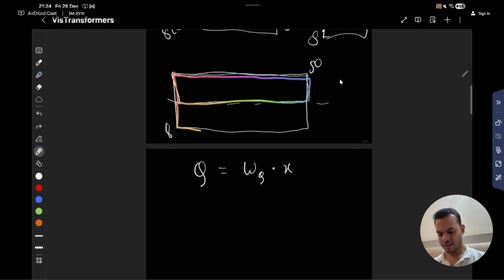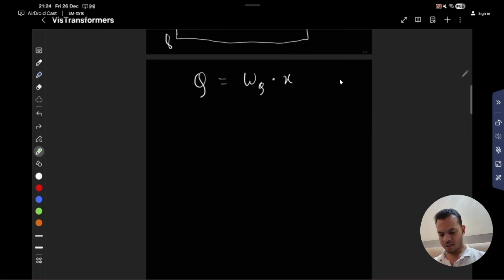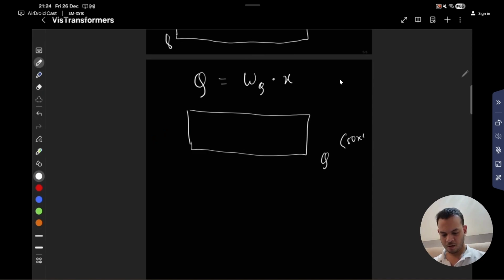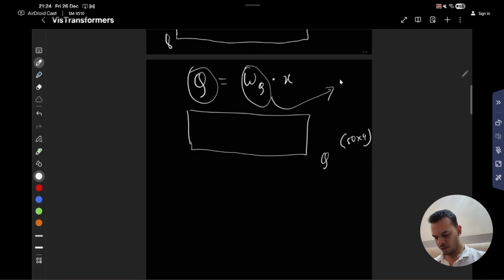For the second iteration, this data goes as x. So this will give us a query matrix of size 50 cross 4. This q will be the output here, but this wq will be learnt.